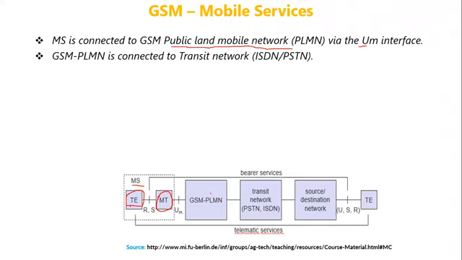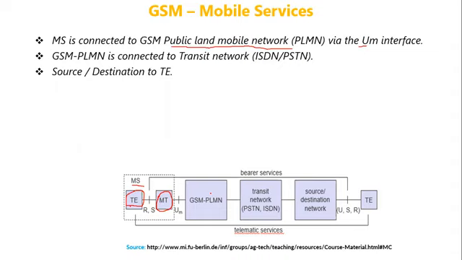In turn, GSM PLMN is connected to transit networks like ISDN and PSTN. ISDN is integrated services digital network, and PSTN is public switched telephone network. These basically refer to the wired telephone networks.